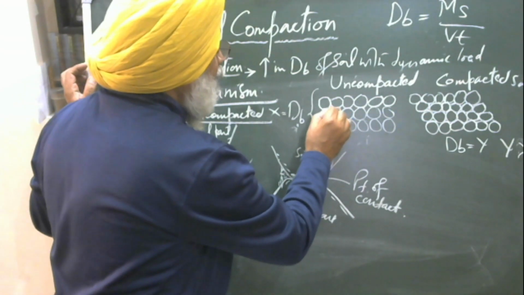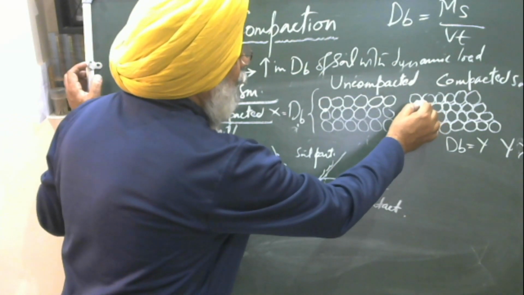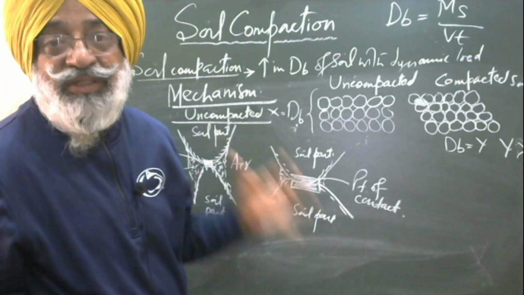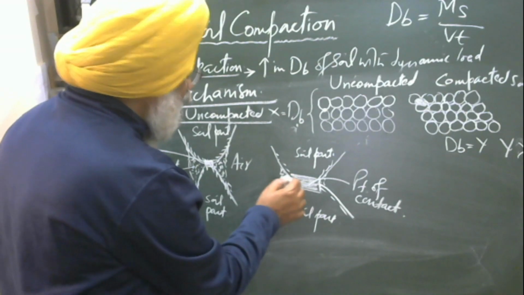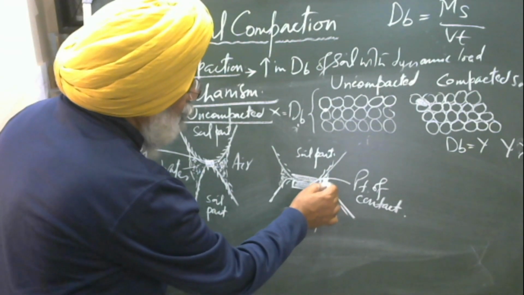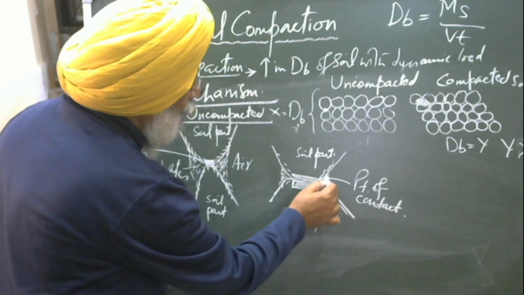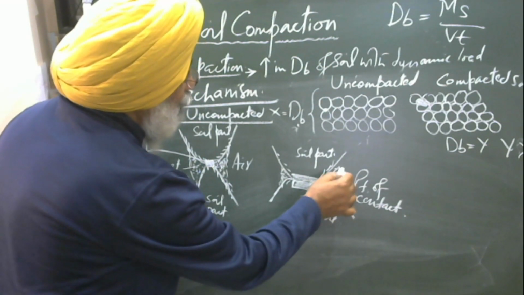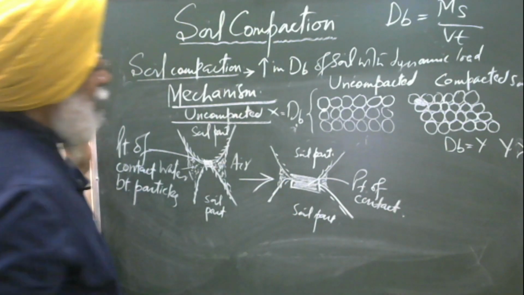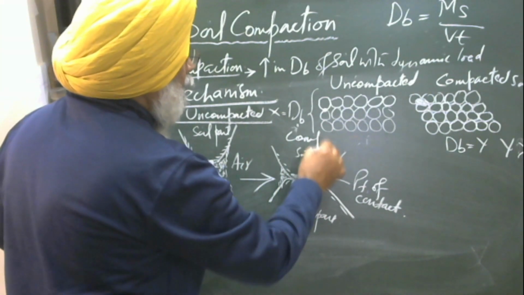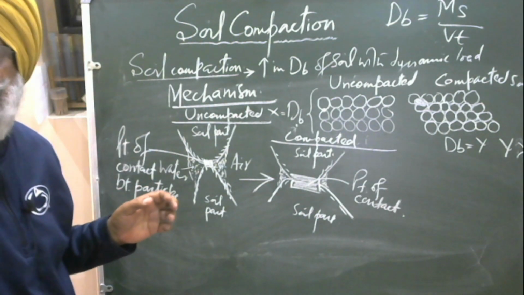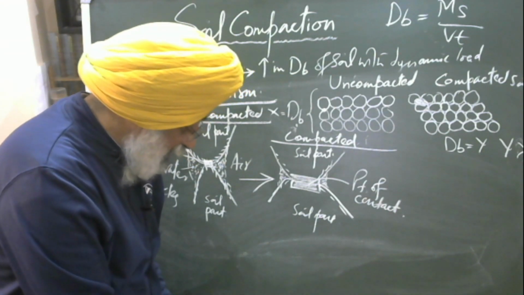Also, some of the water has moved out, so the water content decreases, maybe present only in very small pores, micropores, and maybe air also gets compressed. So this is now compacted soil. This is how compression of soil solids takes place.